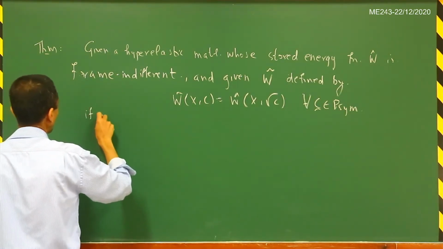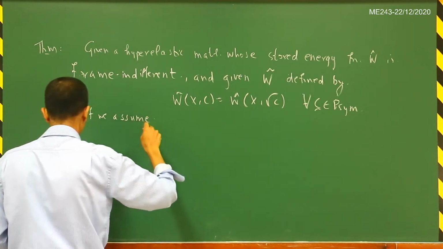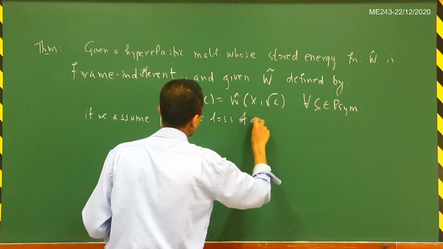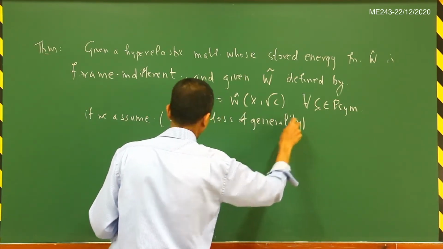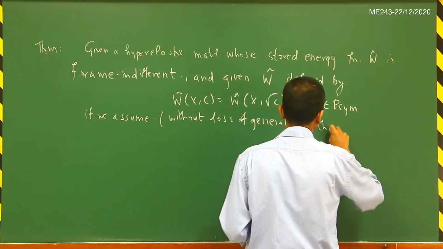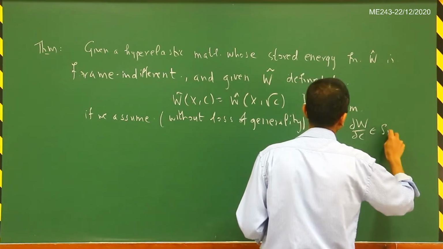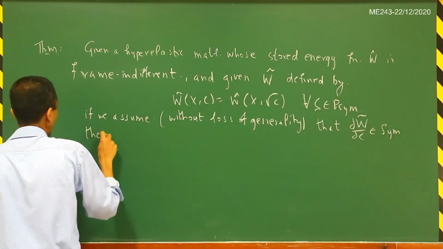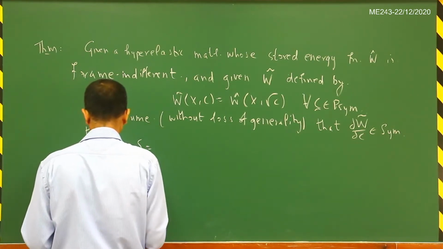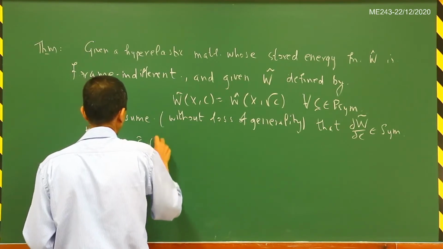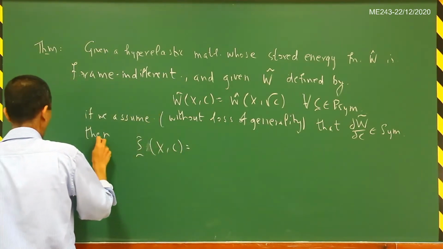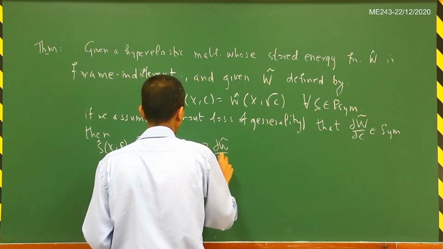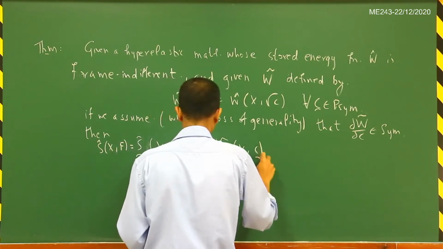If we assume, without loss of generality, that del W by del C belongs to Sym, then S hat of x comma F is equal to S tilde of x comma C, which is 2 times del W tilde by del C. So it is twice the gradient.